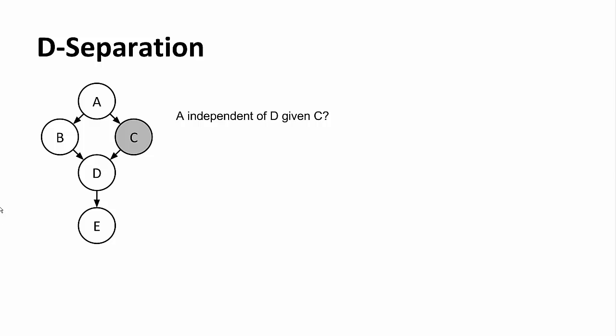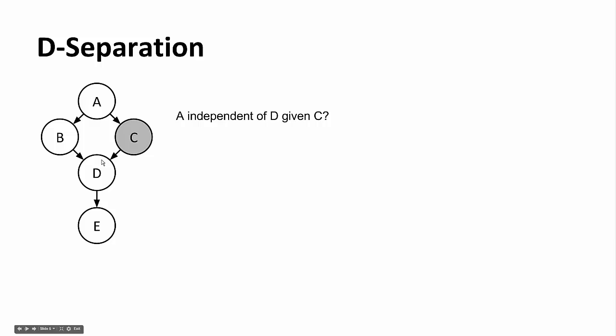Okay, so let's just look at the paths. Well, we look at this triple ABD, and we see immediately that this triple is active. So this is an active path right here. ABD is active. And at this point, we already know that these 2 variables aren't guaranteed to be independent, but let's just look at the other path for the sake of it.